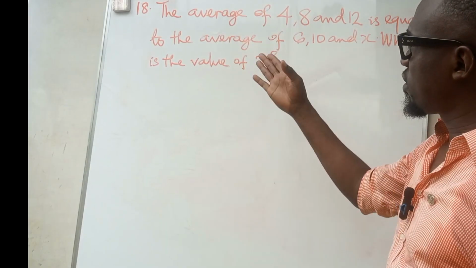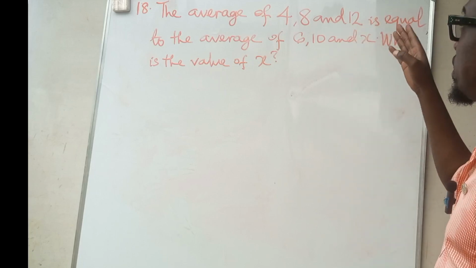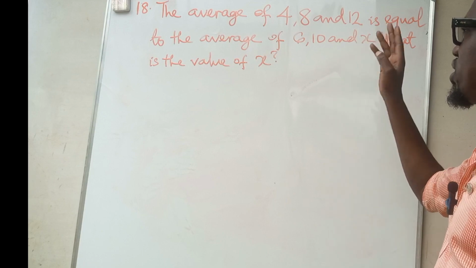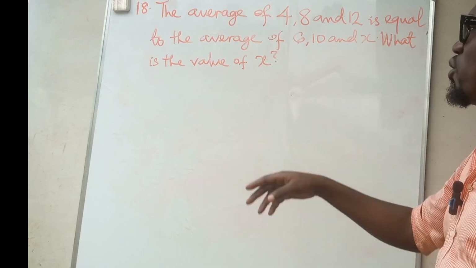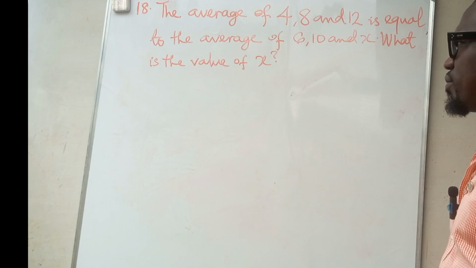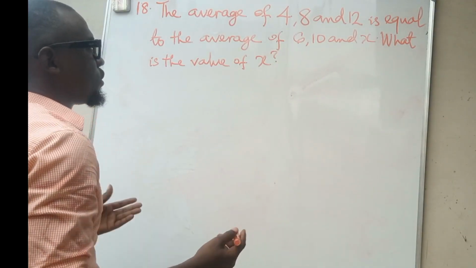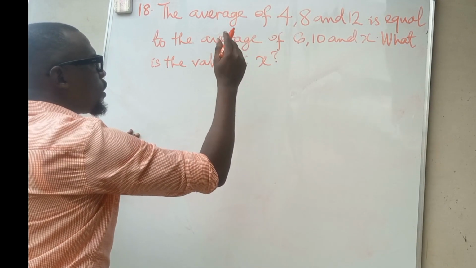Yeah, the question says the average of 4, 8, and 12 is equal to the average of 6, 10, and x. What is the value of x? It's a very simple one. The question says 4, 8, 12.